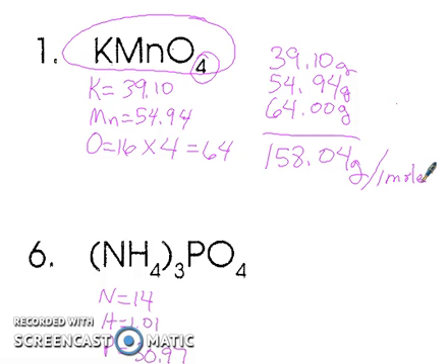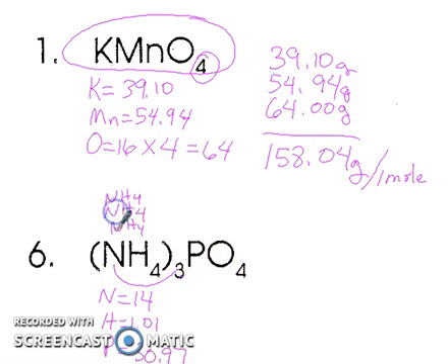All right, so now let's look at the second example, and that's ammonium phosphate. Ammonium phosphate actually has 3 nitrogens, and 4 times 3 is 12 hydrogens. Because remember, this 3 tells us that we have 1, 2, 3 ammoniums, and then the phosphate.